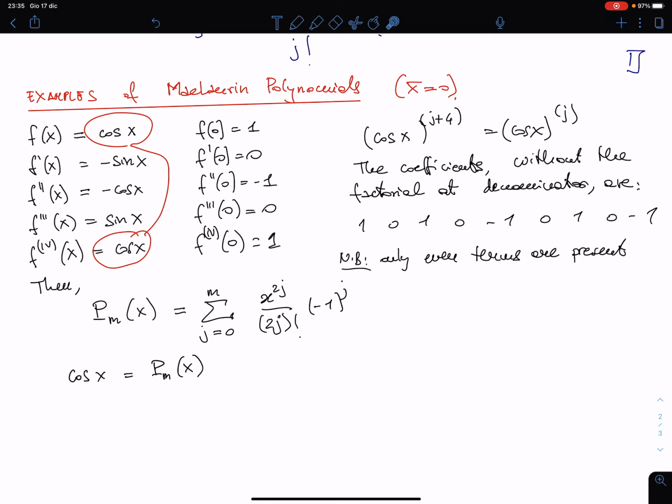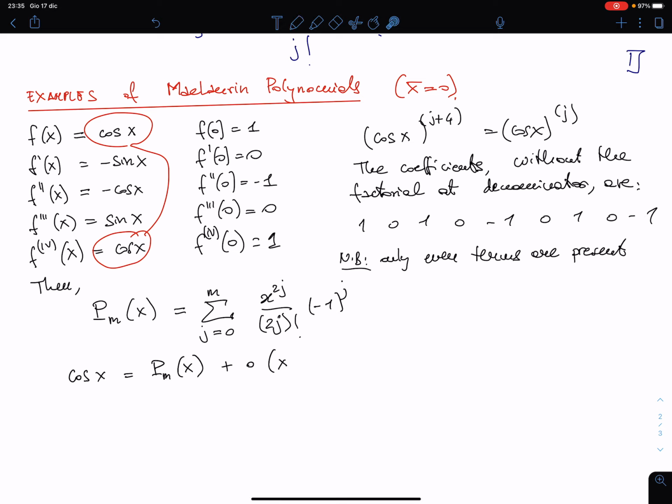In the notation here, I lose track of the function, the cosine, and of the point 0, but just for using a not too heavy notation, plus little o, be careful now, of x.